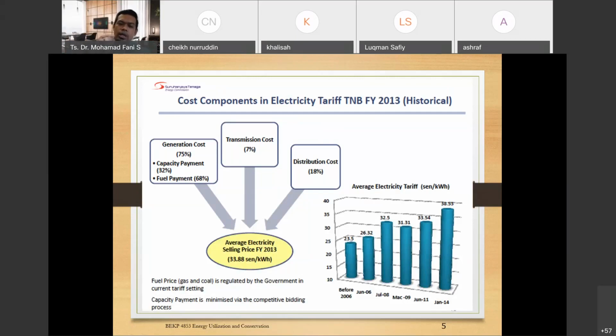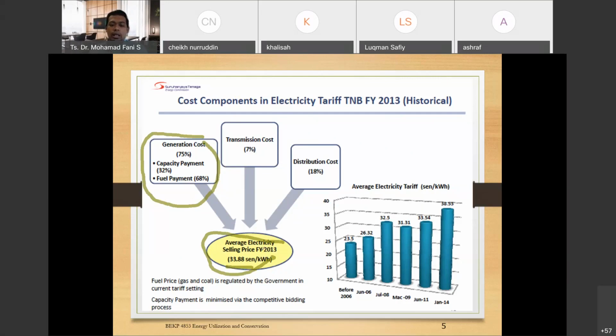Okay, before 2014 we have the generation, the price, okay, the selling price. This one is the average selling price in 2013.